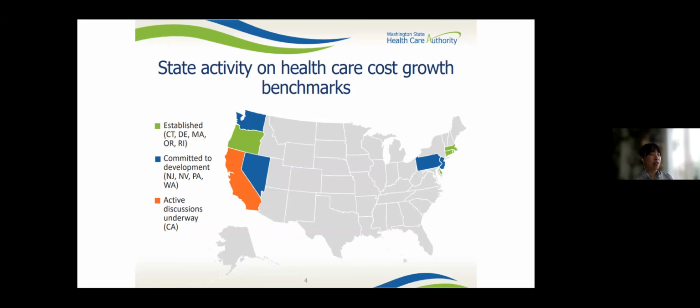But you can see, looking on this map, that a couple states, including our neighbor to the north, Washington, from whom you can see I've listed this slide because it was very comprehensive. A lot of these are popping up, including active discussions underway in California.